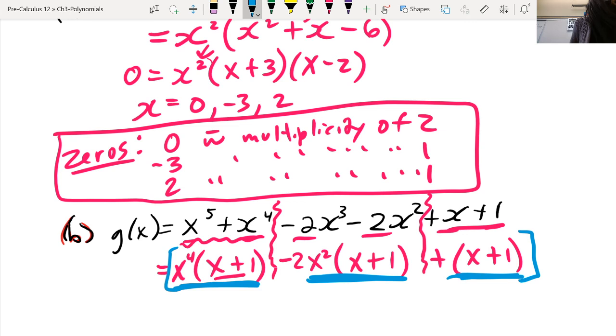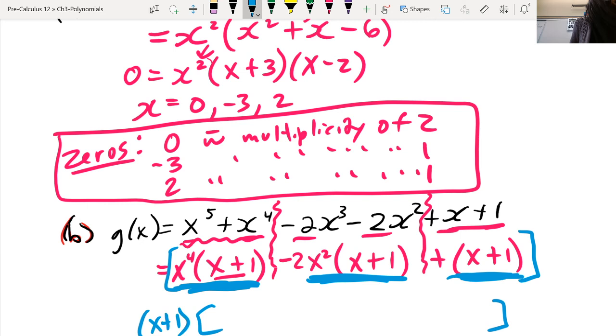So step back and look at the big picture, look at those big blue brackets. What do all three of these terms, and I'm calling them big terms because they've got a lot going on, have in common? They all have an x plus 1, so I can pull out an x plus 1.